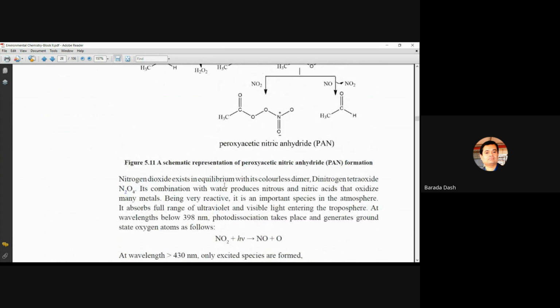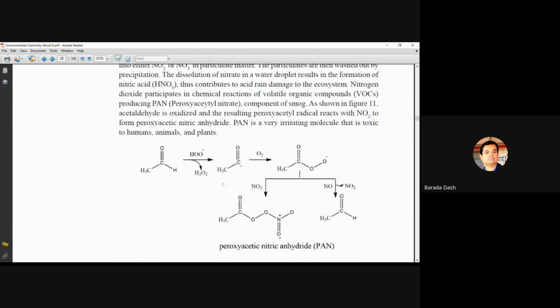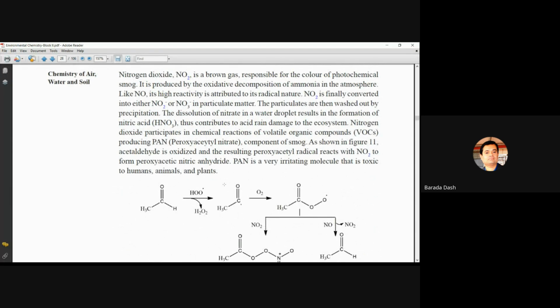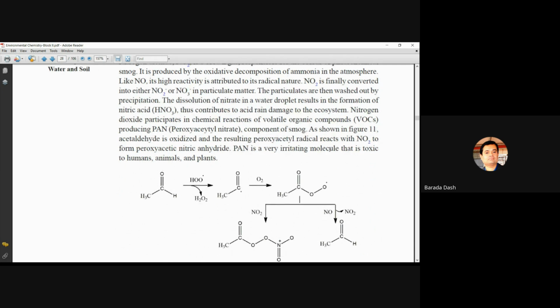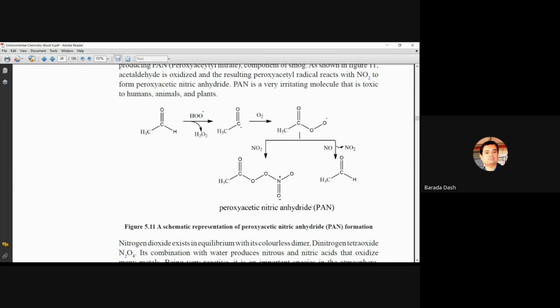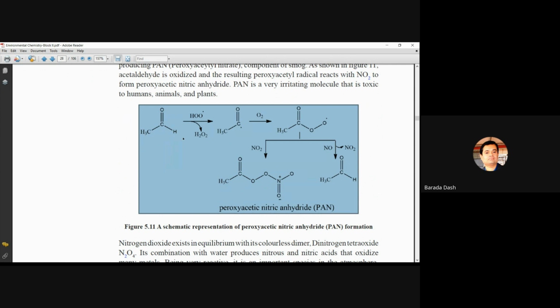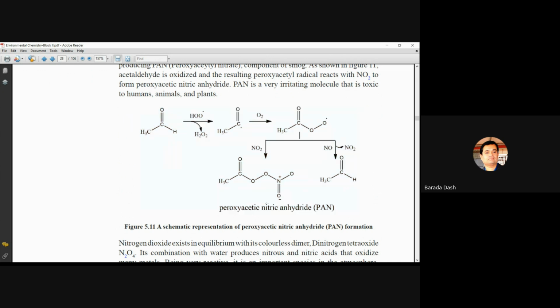Next, another important topic: photochemical smog. In photochemical smog there is a compound called peroxyacetyl nitrate, peroxyacetic nitric anhydride, PAN. This is a very strong chemical species, produced by the reaction of acetaldehyde in the atmosphere with hydroxyl ions and other ions.